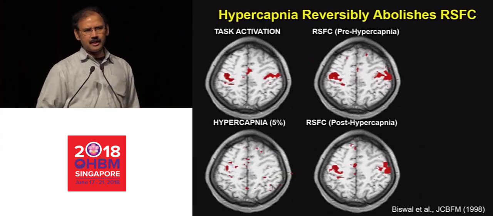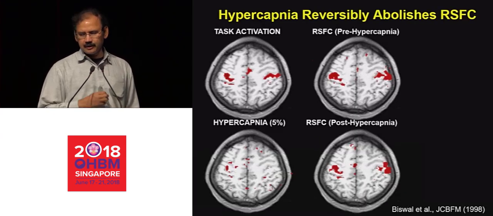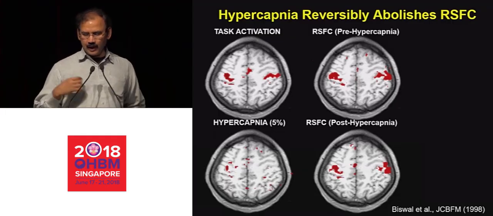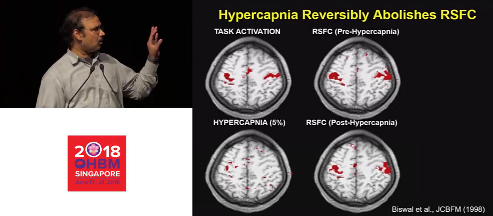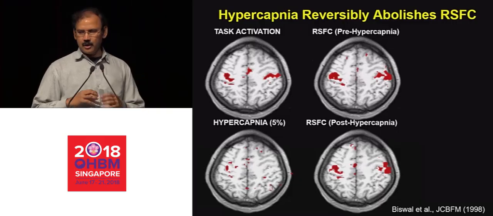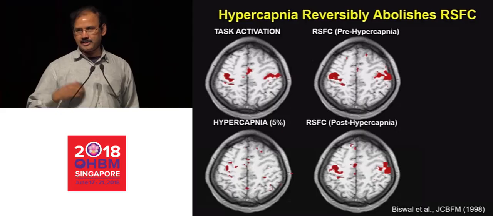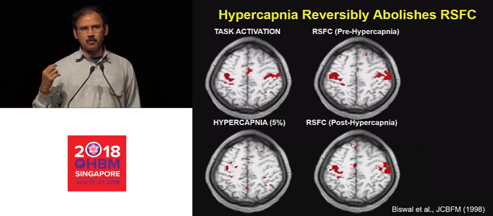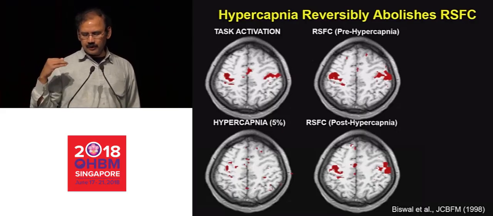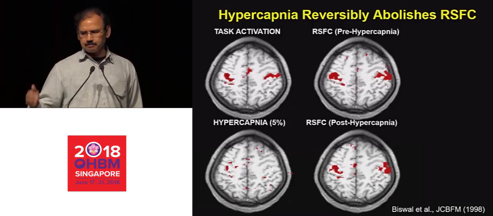And so this is a hypercapnic stimulus that we did many years ago. This was to show how with task activation, like in the top left, you could find the sensory motor cortex, and then with resting state, you could also identify the sensory motor cortex.